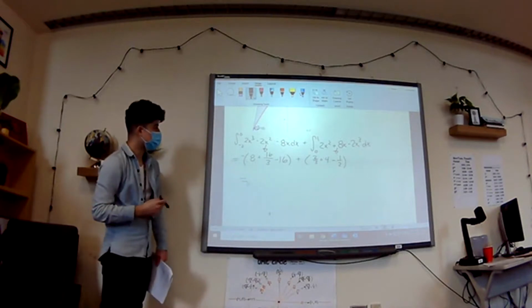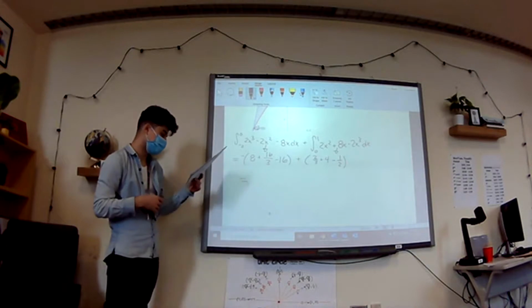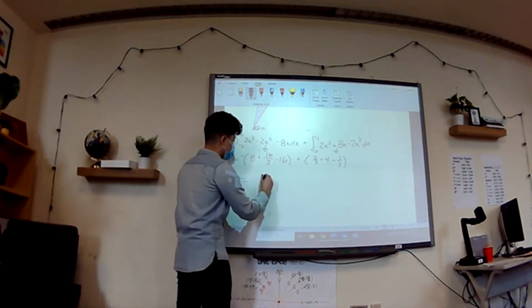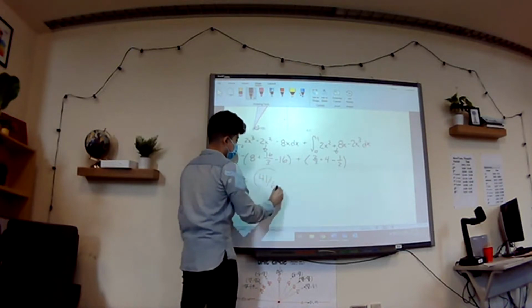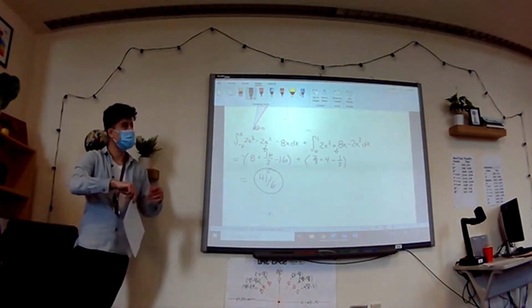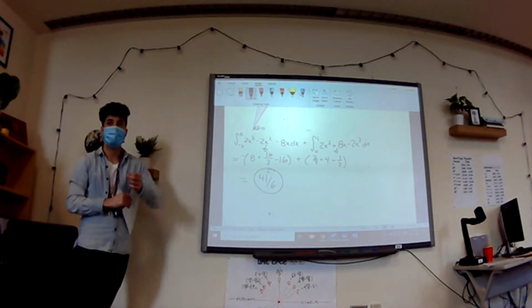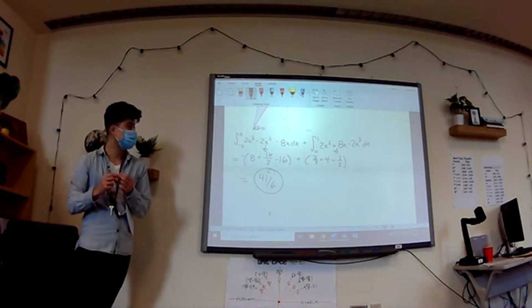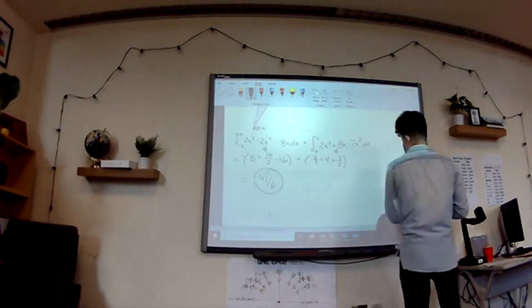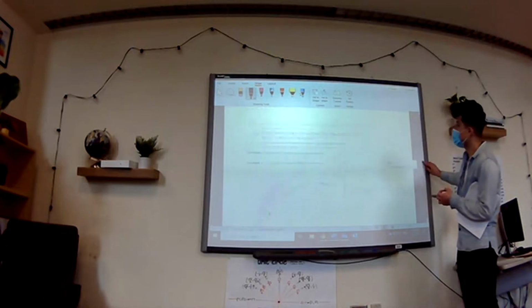And then you combine all those fractions and simplify everything, and you get 41/6. All right, okay. So that's nice if you're given a graph.